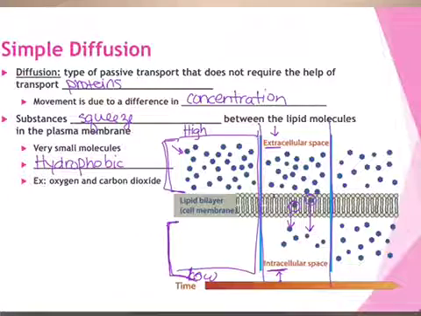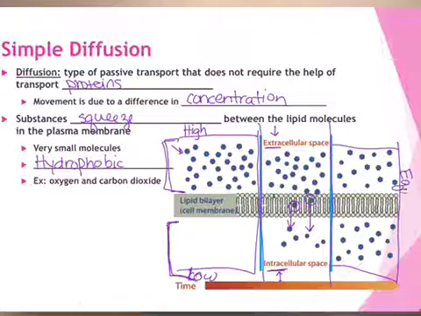So those particles are going to continue to move, brings us to this third chunk of time, and they're going to continue to move until they have reached an equilibrium. And equilibrium just refers to there being equal number of particles on both sides of the membrane.